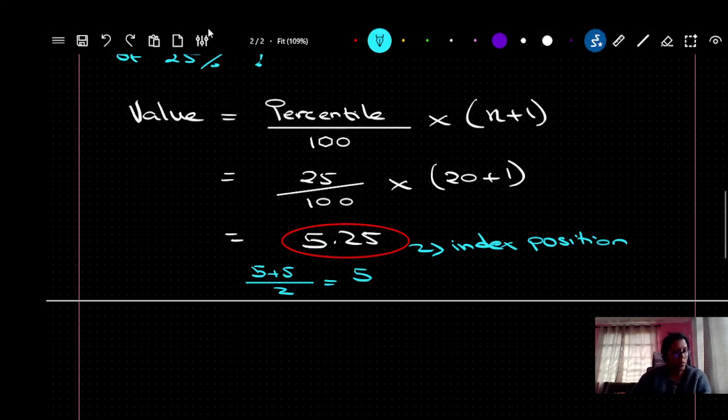So this is the value for the 25th percentile.